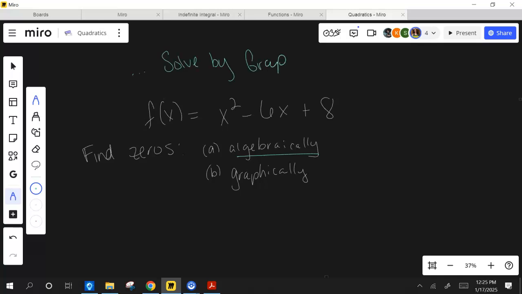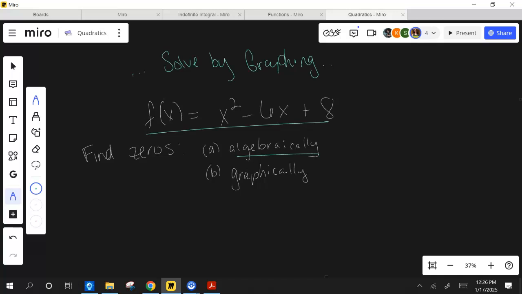Remember I told you that's the same thing as y? Algebraically, if I ask you to find the zeros algebraically, that's what we've been doing. So we haven't really done it in the form of just, you've done it, you just don't know that that's what you're doing. So finding the zeros is putting a 0 in for the y.